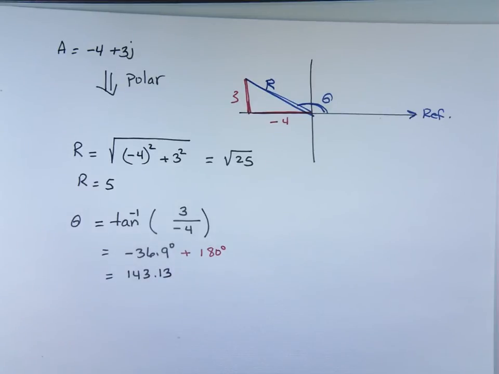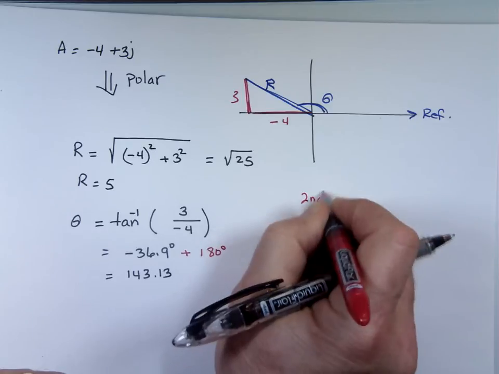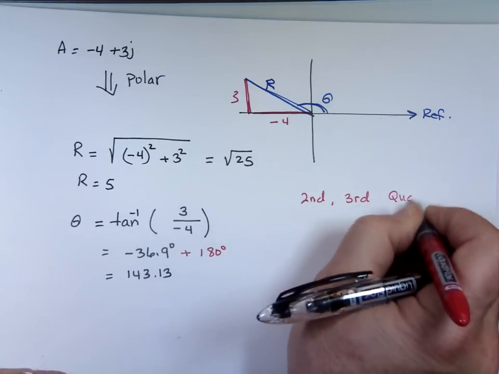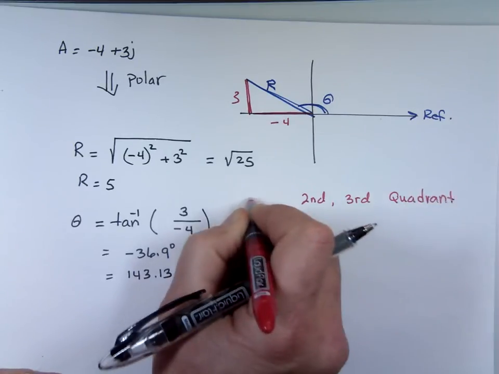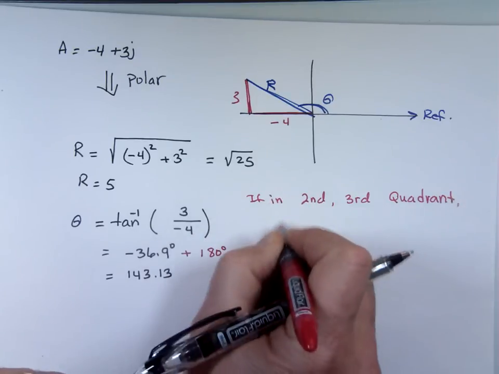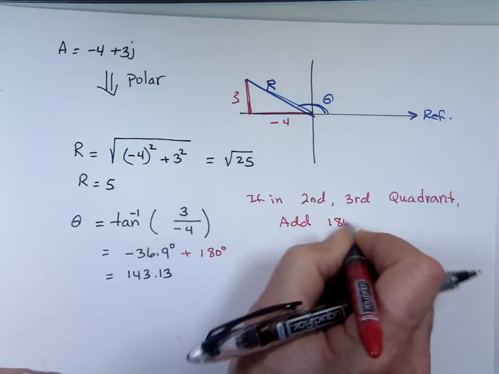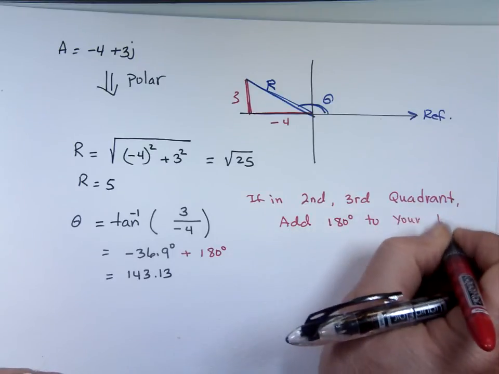So if you are in the second or third quadrant, add what? 180 degrees to your answer. Unless you're using the built-in function.